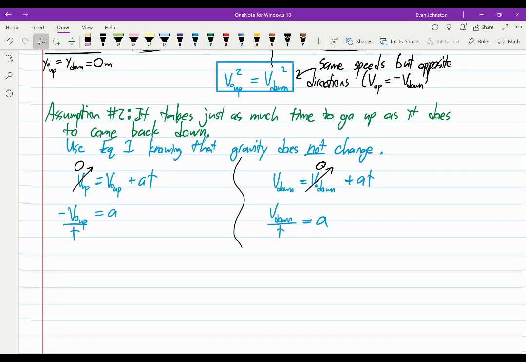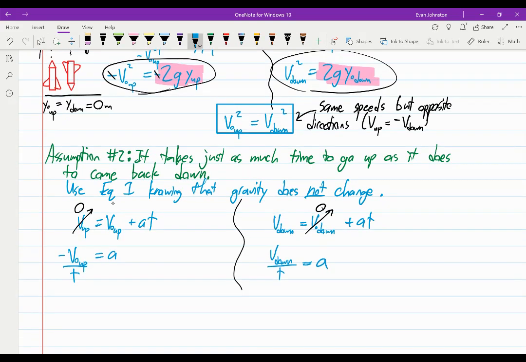So we're going to use what we did up here, because we know that the speeds are the same.